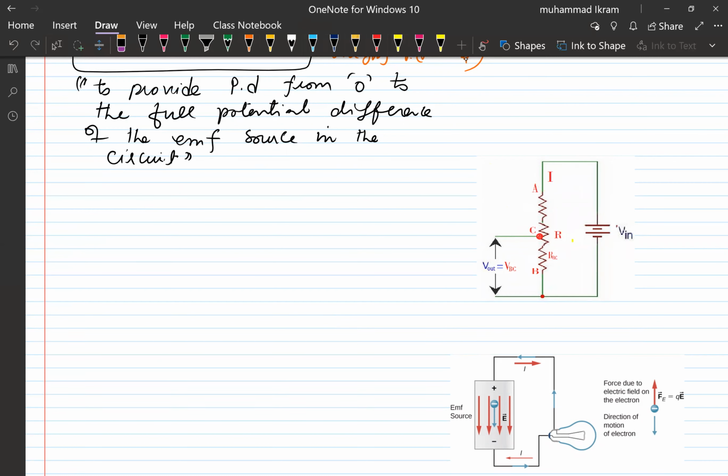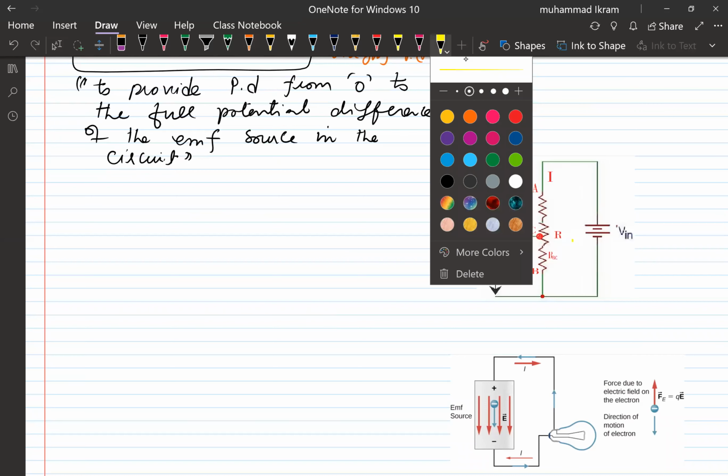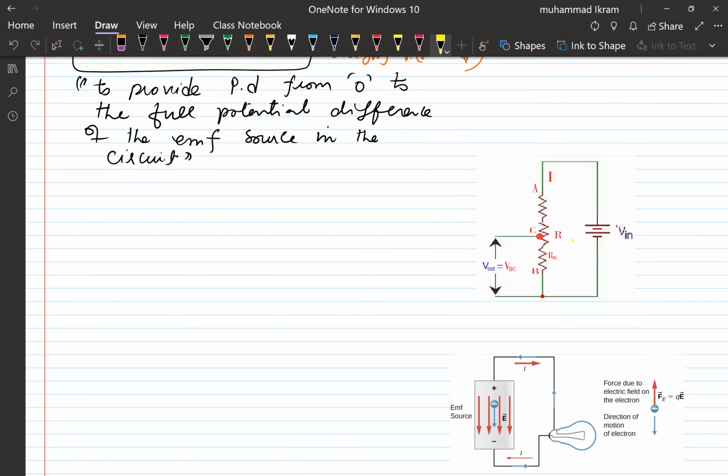There is the EMF source, the external potential difference provided in the circuit, and this causes the current to flow. Since there is only one path for the flow of current, the current starts from the positive terminal of the battery and leaves in this way.